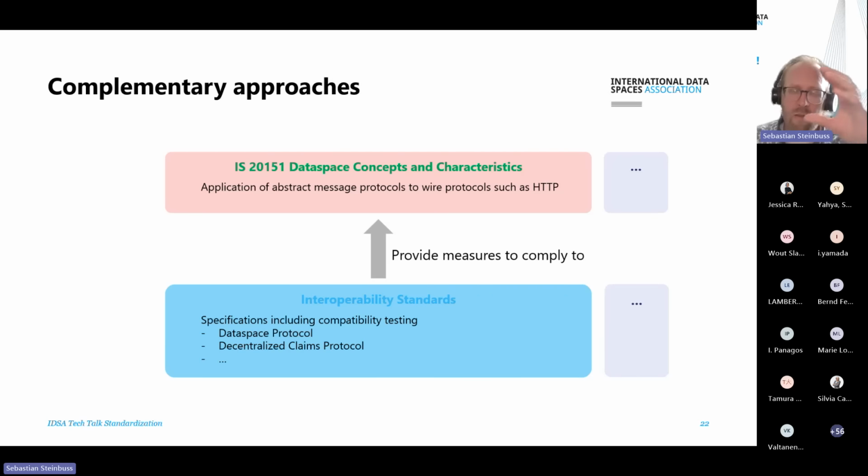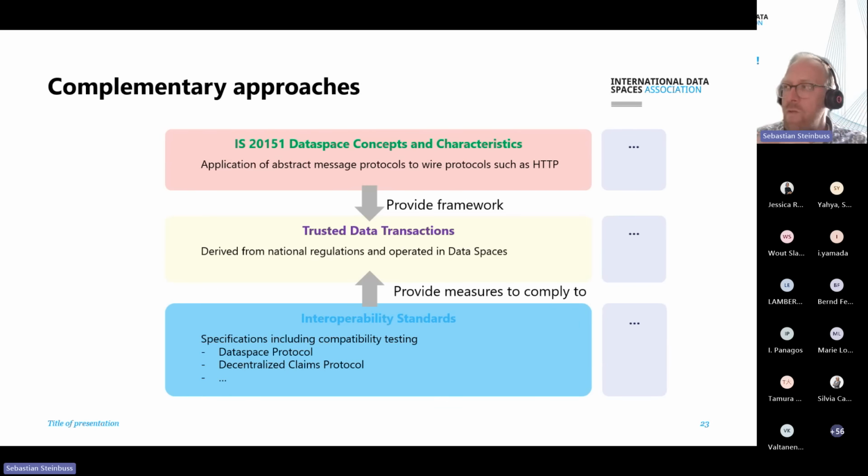And of course, what we can then inject in the middle are all those national standards, like we have, for example, in trusted data transactions that typically should or could run in a data space. So a data space could provide a great framework for national standards, and you can show interoperability also to such national standards by being compliant to the Dataspace protocol. That is a little bit the idea that we have.